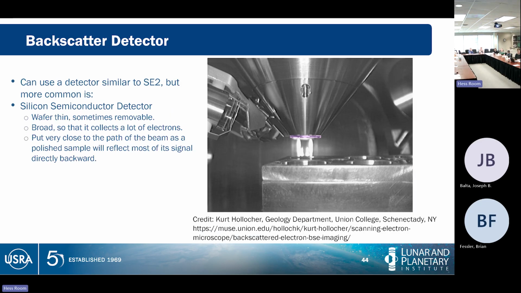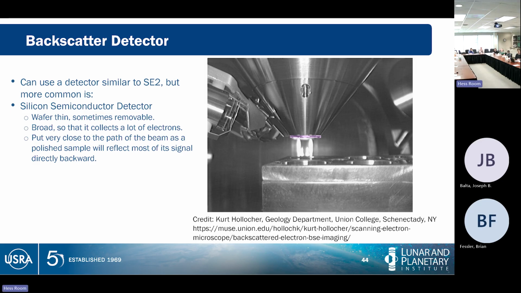Here's a backscatter detector right here. We have a hole in it to let the beam come through, but then it basically surrounds the beam. And if you're doing backscatter collection, you might even be able to insert and remove this in some microscopes. I've had to do that before, where to get a good backscatter image, you have to put the backscatter detector in so that it's in the path of the reflected electrons.